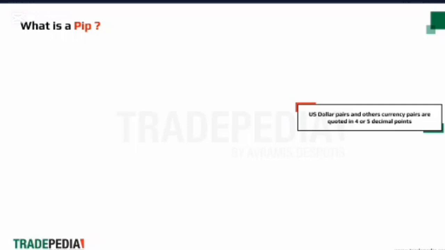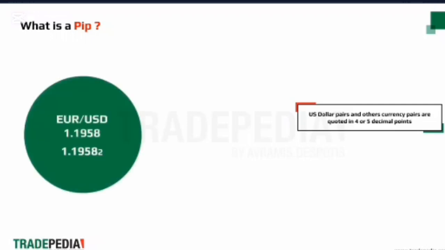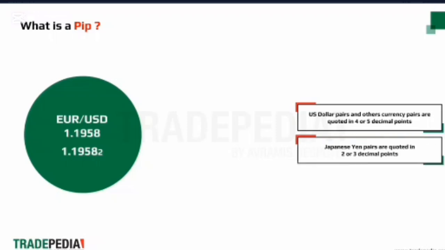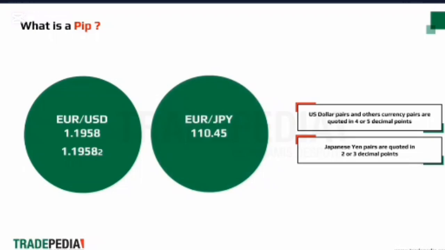For example, the euro against US dollar is quoted 1.1958 and sometimes 1.19582. All Japanese yen pairs, on the other hand, are an exception as they are quoted in 2 or sometimes 3 decimal points. For example, the euro against the Japanese yen is quoted 110.45 and sometimes 110.454.